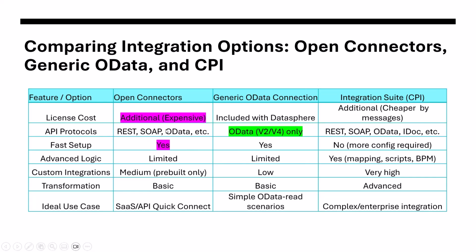And Open Connectors have a variety of API type calls, and then you can get the response and the integration is done successfully. So by looking at these three, clearly generic OData connection has a limitation to consume only OData service APIs.